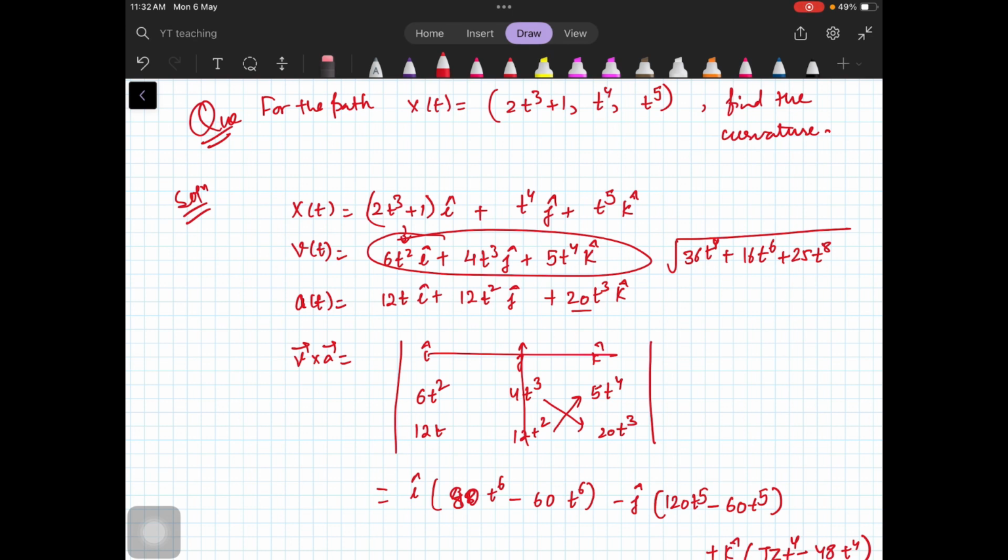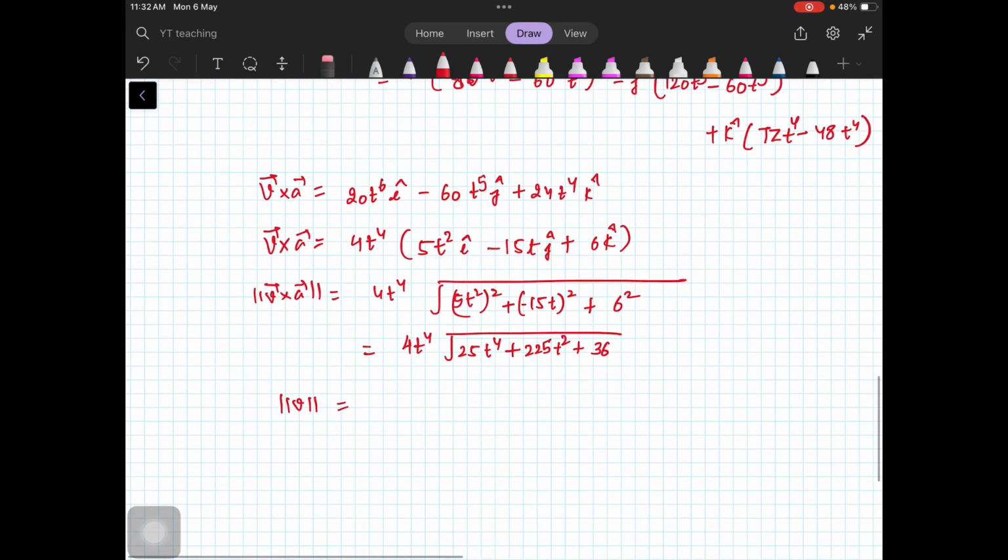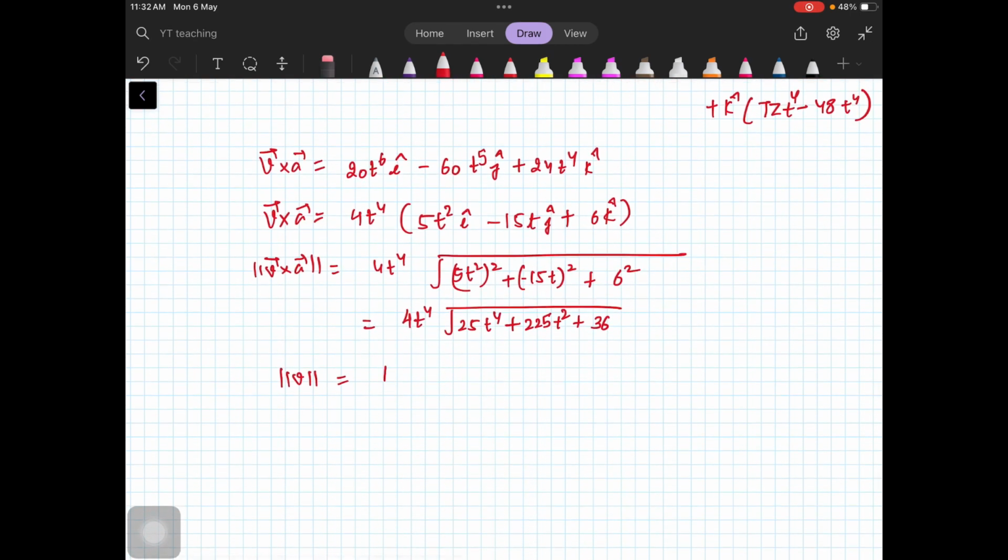So the velocity vector magnitude would be t square times the square root of 25t raised to power 4 plus 16t square plus 36.